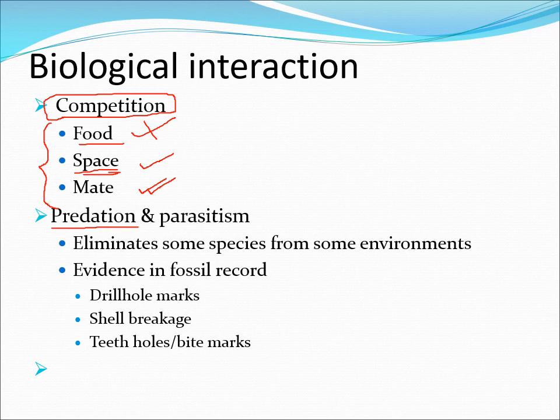And sometimes there are some other organisms which are known as parasites. They are attached to the host body, and sometimes the host body is benefited, or sometimes the host body is not benefited, or sometimes the host body is affected or may not be affected.